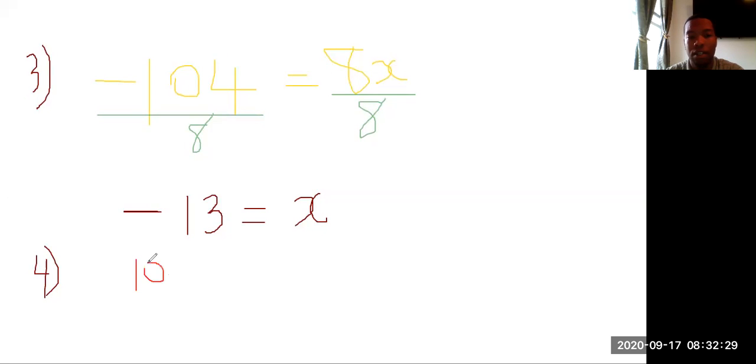Number 4. 10n equals 40. What is the first step? And I want you to tell me the property. I don't want you to tell me what to do in terms of what to divide or multiply, add or subtract. I want you to tell me what it's called. Just like how you told me what additive inverse was, I want you to tell me the property for this one.